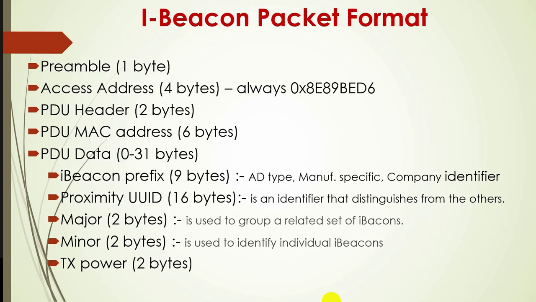Then 2 bytes for major number, which defines a group of the beacons, and 2 bytes for minor number, which can individually identify the beacon within a defined group. Then you have 2 bytes of transmitting power, which is calibrated for 1 meter distance RSSI value. Then you have CRC of 3 bytes.